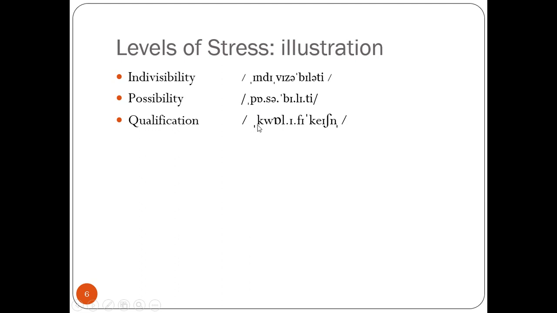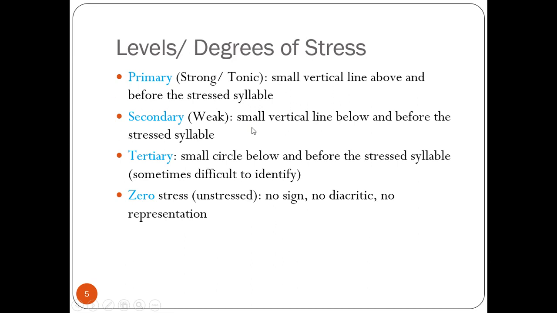It is below this stressed syllable and before. Then we have tertiary stress. It's represented by a small circle below and before the stressed syllable. It's really difficult to identify the tertiary stress. It's the third one.